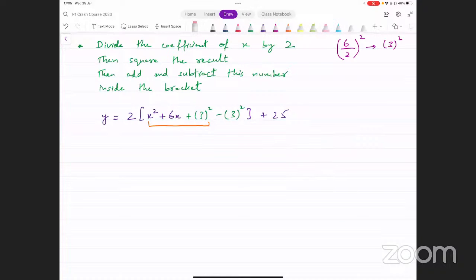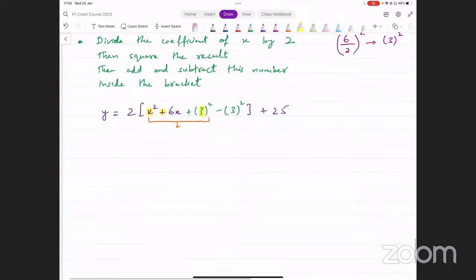What you'll do here is take x from the first term. You'll always do this. You'll take x from the first term, only the sign from the second term, and then the number inside the square from the third term.